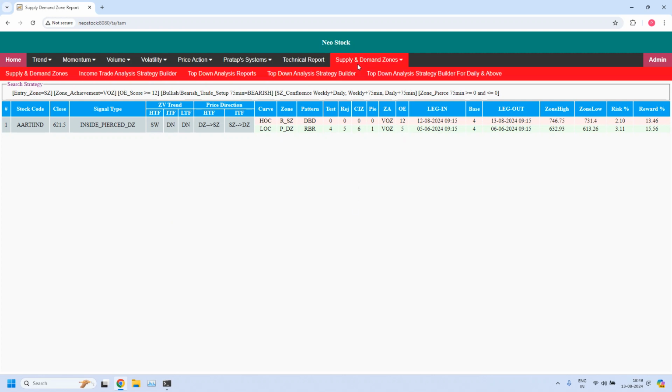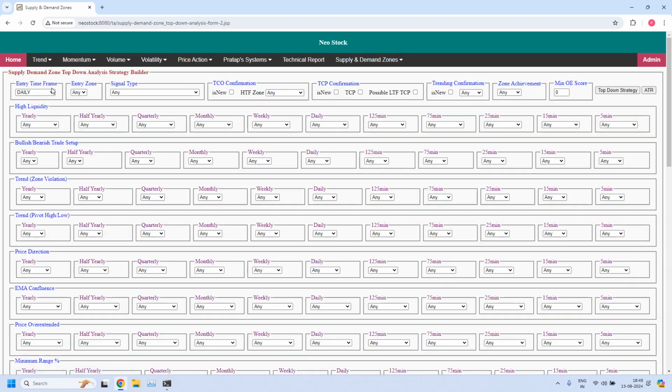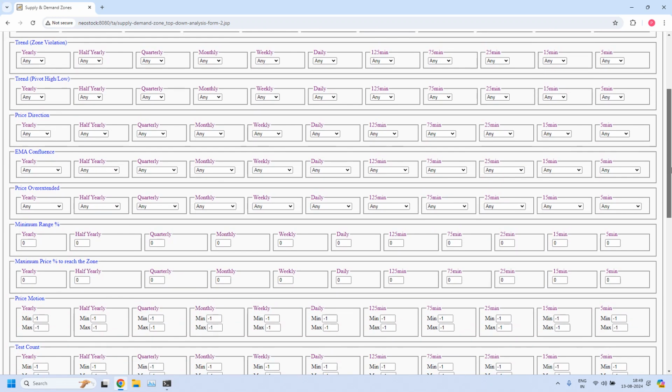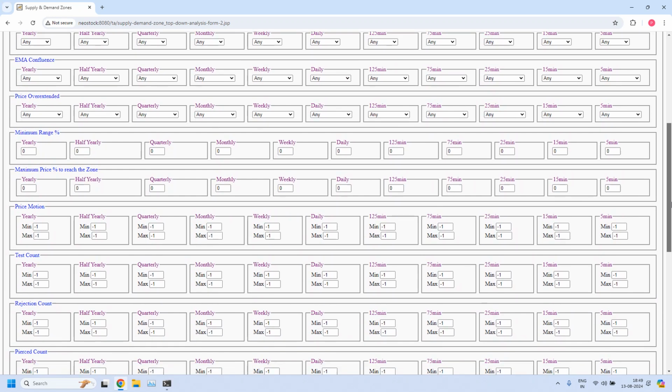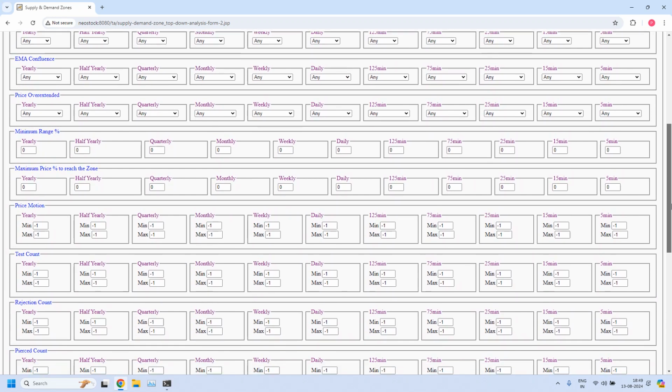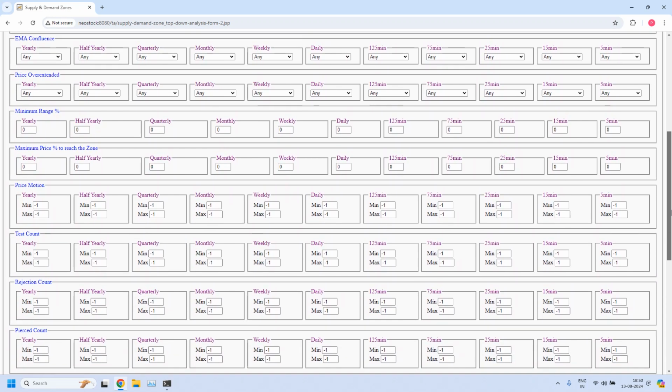Next, daily income trade. In daily income trade, entry time frame is 15 minutes. Bullish trade setup, entry zone demand zone, and also in bullish or bearish trade setup, 15 minutes entry time frame. I am selecting the value bullish, and pierced count should be 0. Zone should not be pierced.